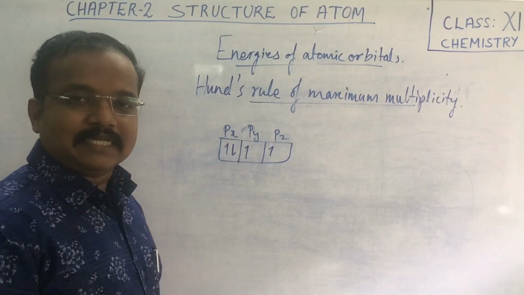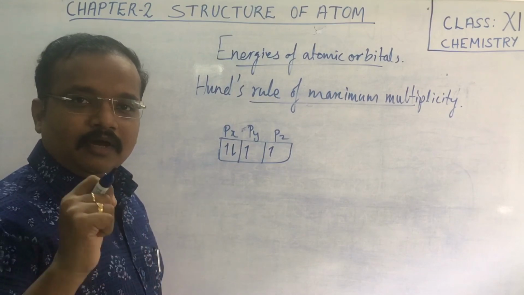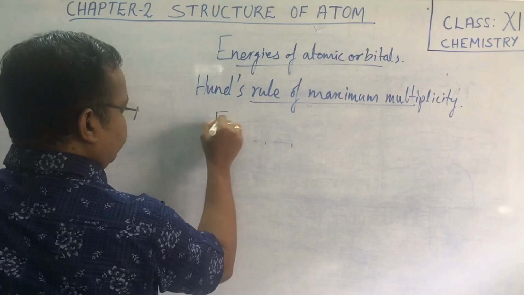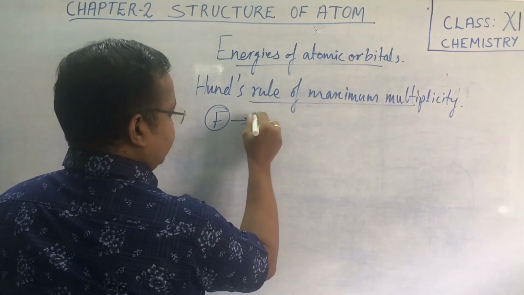Now let us consider an example of fluorine. Fluorine's atomic number is 9.